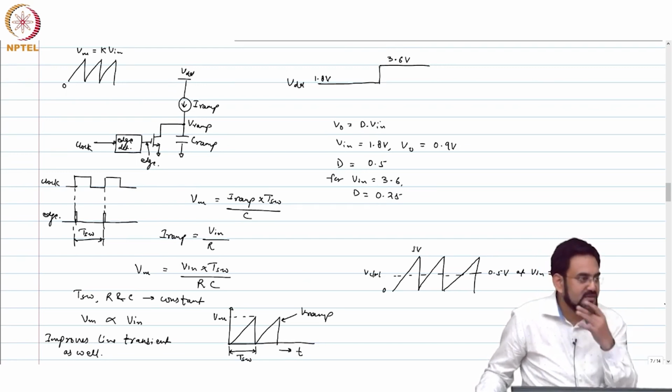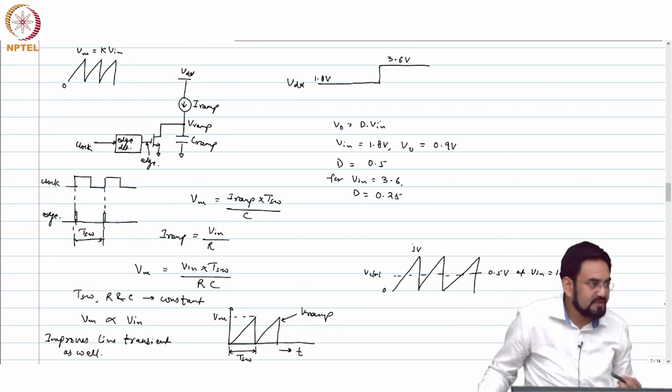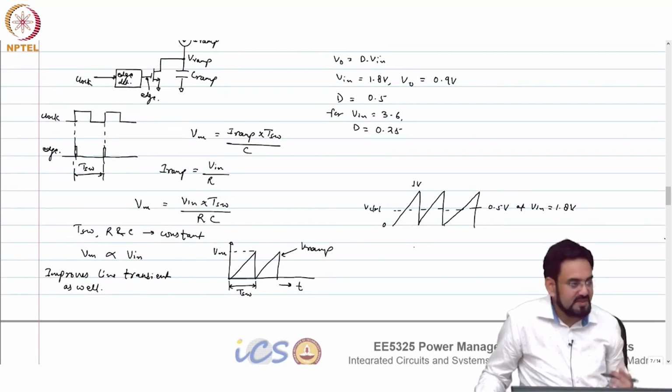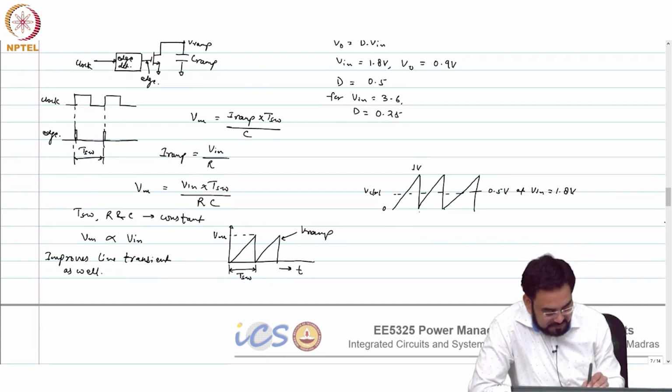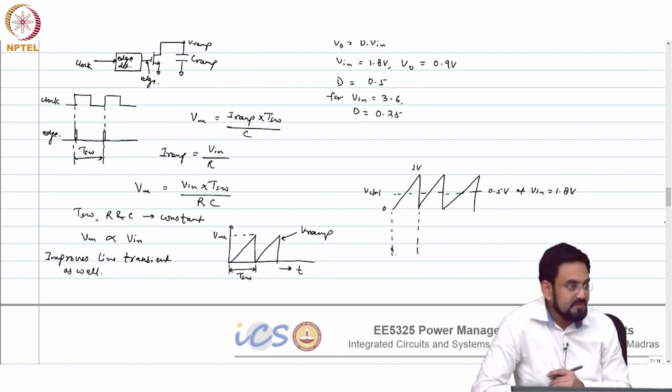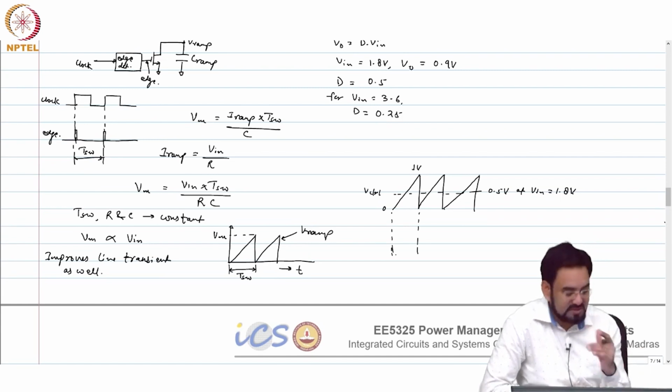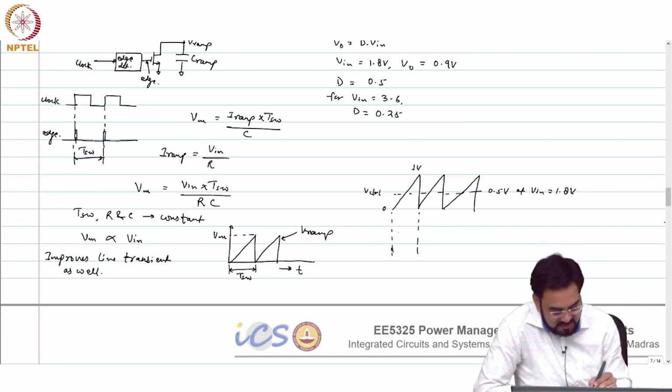It will try to charge to 2 volt instead of 1 volt when V in increases to 3.6 volt. Your period will remain the same, but since the current has become 2x, it will charge to 2x, or you can say your slope will be changed.